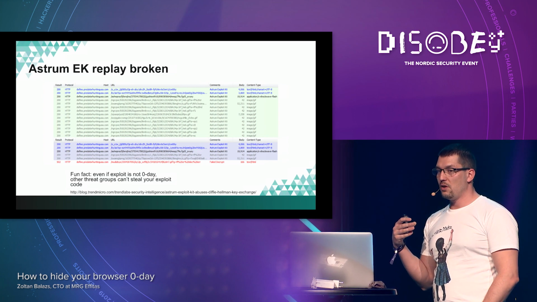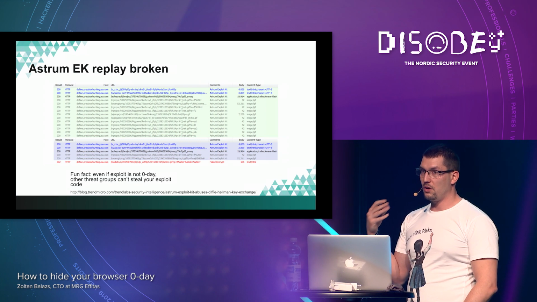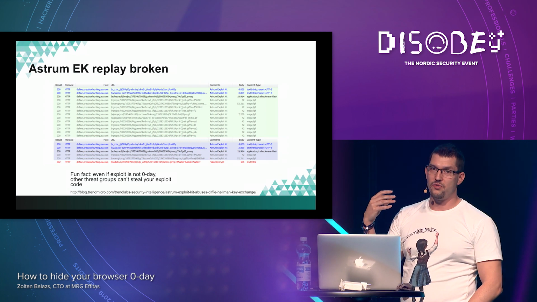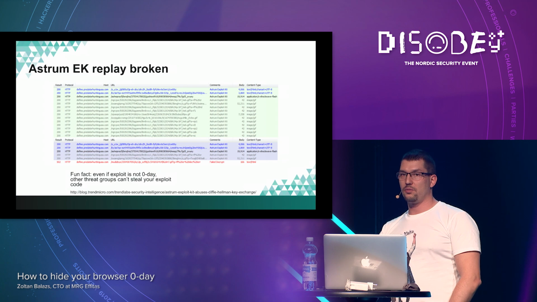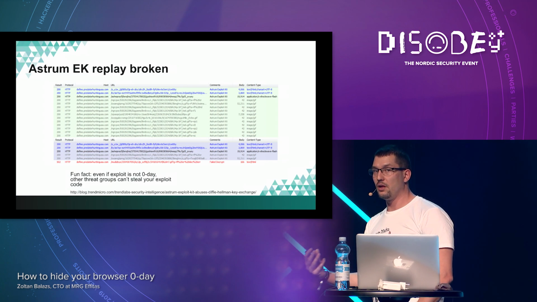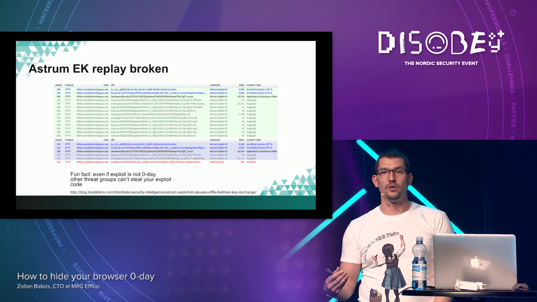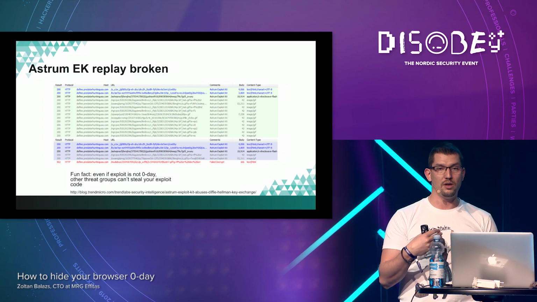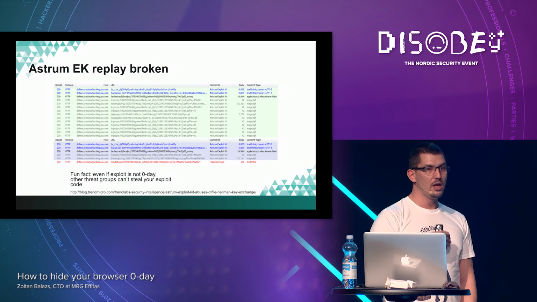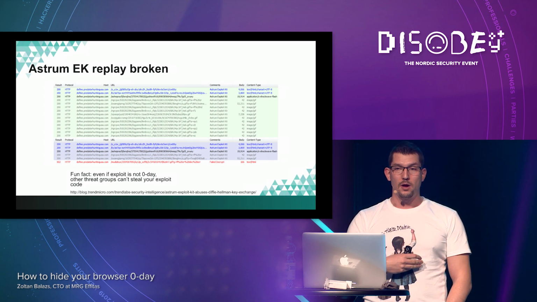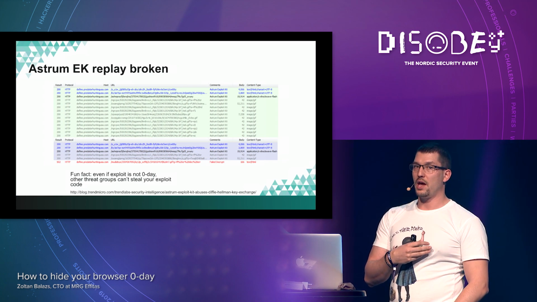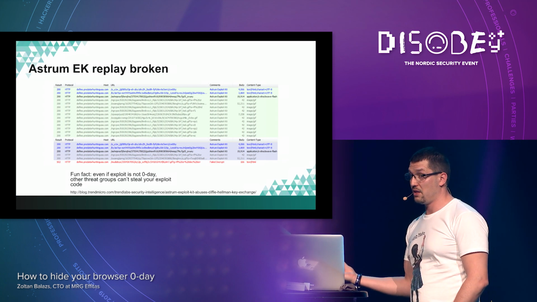Which means that if they protect it with encrypted exploit delivery, the other exploit kit creators cannot reverse engineer it, so they have a competitive advantage that they can exploit all the users with this very nice exploit, while the others cannot.